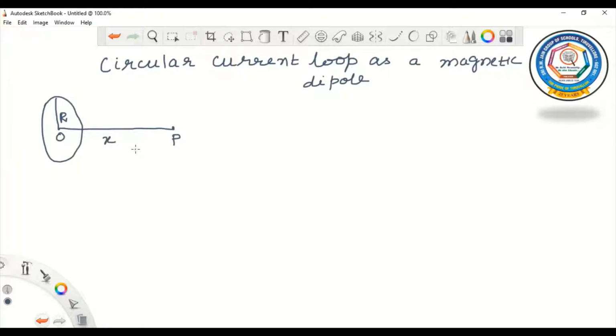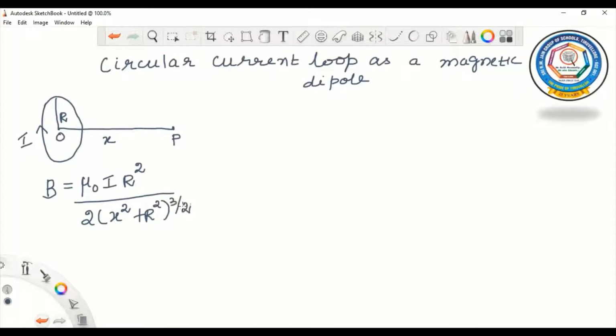So what is the magnitude of the magnetic field we calculated, children? The magnetic field on the axis of a circular loop of radius R carrying current I is given by B is equal to mu naught I R square divided by 2 times x square plus R square the whole power 3 by 2.